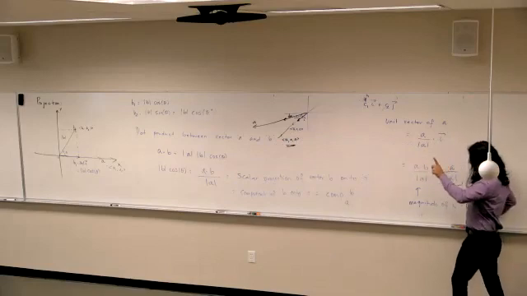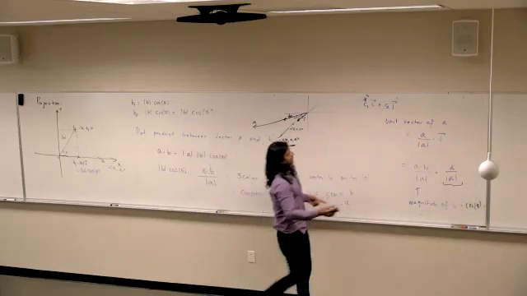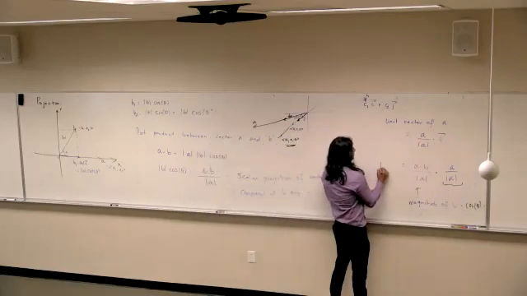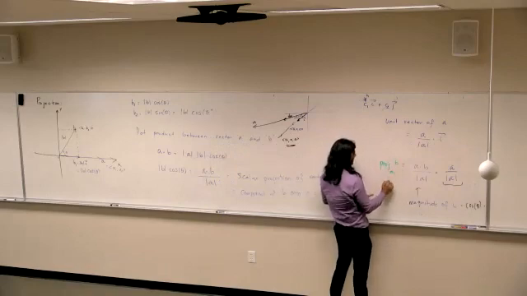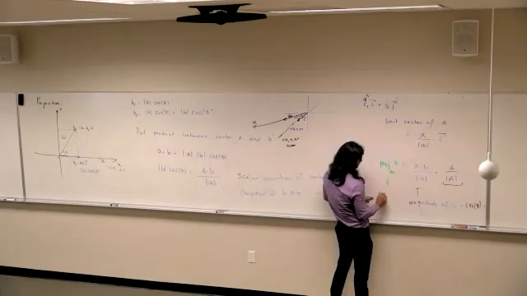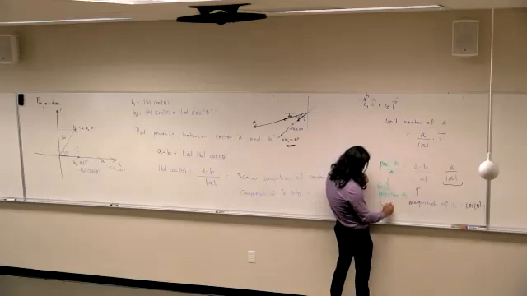That is called the component. This is called the projection. Projection of B onto A. Specifically speaking, the vector projection of B onto A.